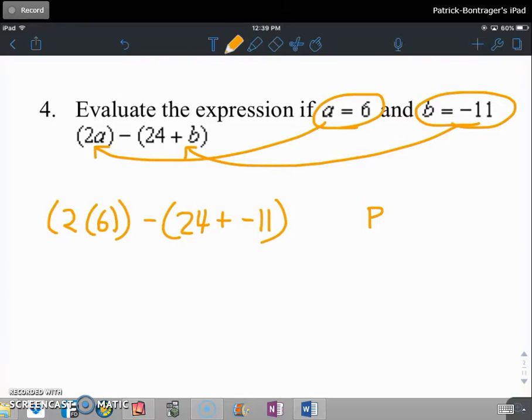Inside the parentheses, we only have one operation, so there's no need to evaluate in order of operations. 2 times 6 is 12, so I've got 12 minus 24 plus negative 11. Still doing order of operations, so my parentheses are going to come first. So 24 plus a negative 11 is 13. And 12 minus 13 is negative 1.